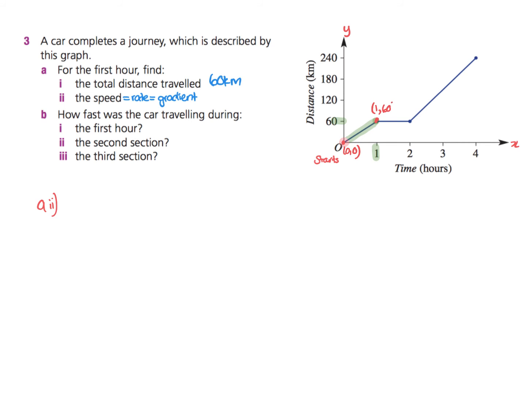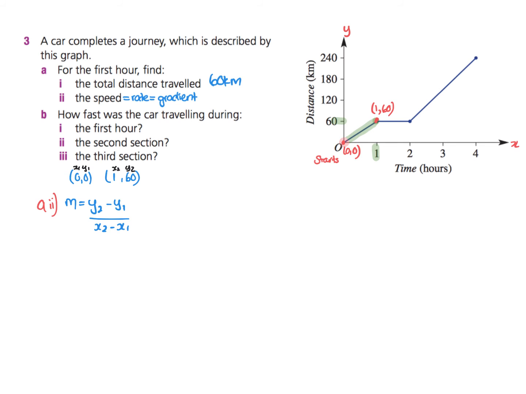And its y value is 60, good. Because I'm asked to find the speed, and I know it's the gradient, I'll use the gradient formula with the two points I just found, 0, 0 and 1, 60. I'll call these x1, y1 and x2, y2.